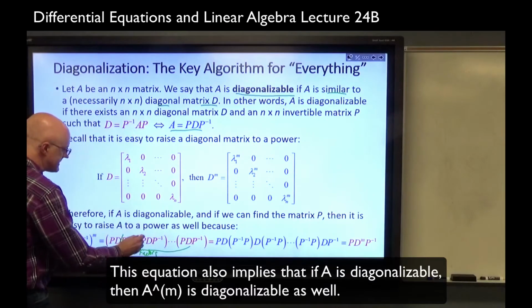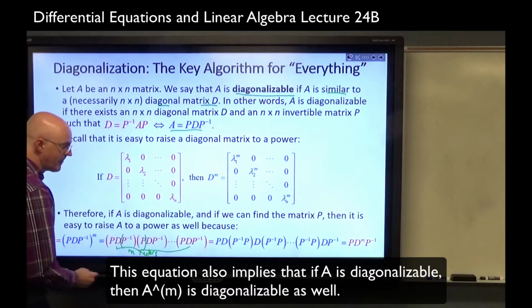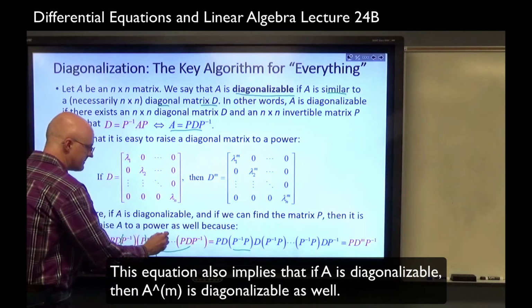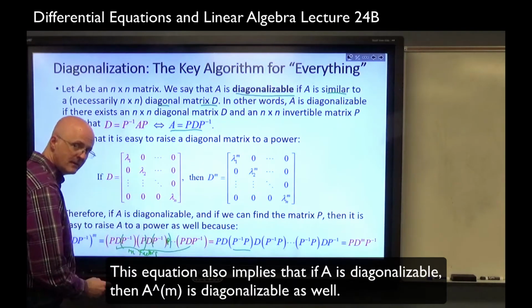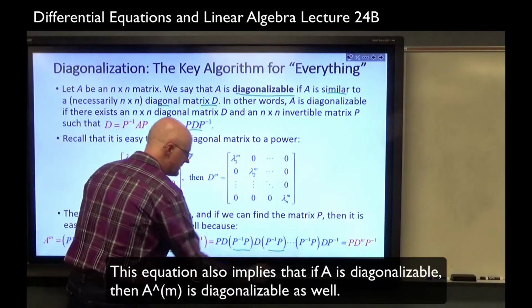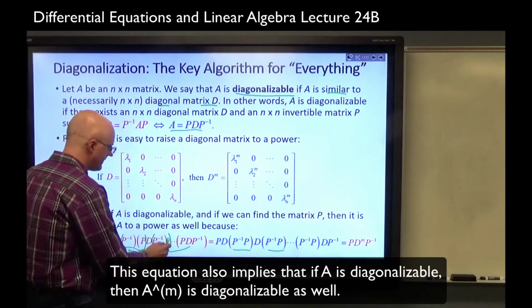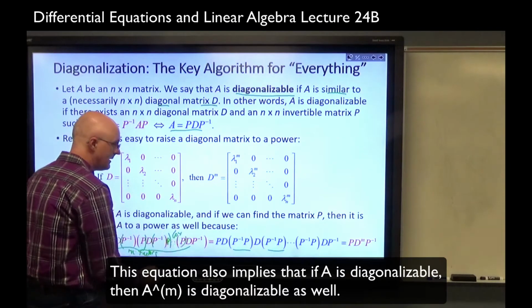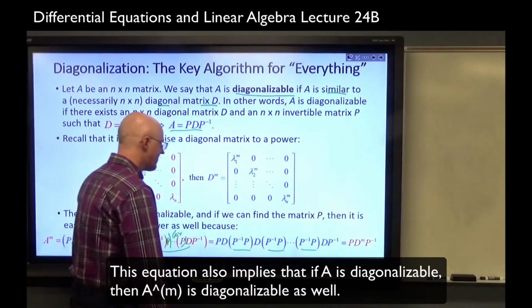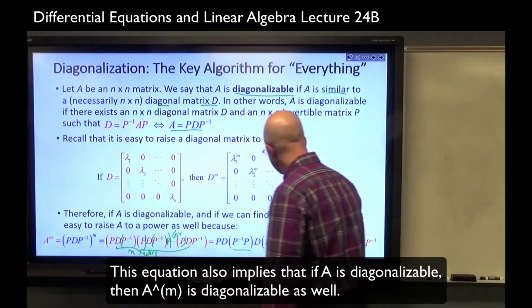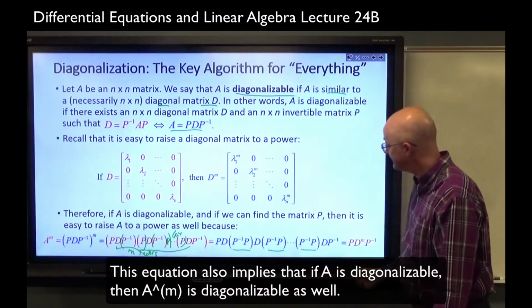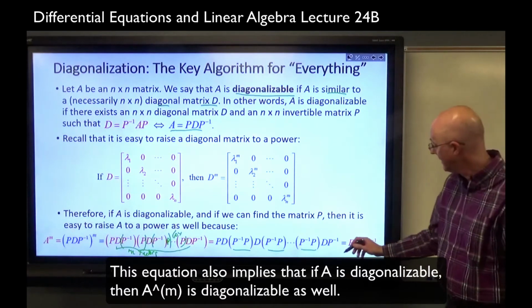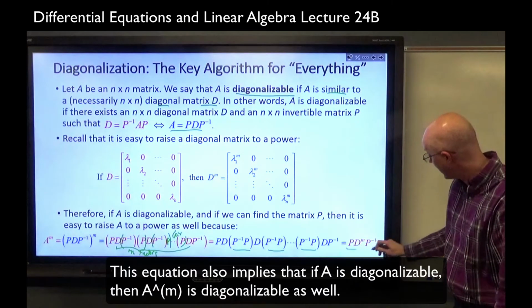You can put parentheses around the P inverse times P. That's what I got there. And the next P inverse times P, you don't see another P, but there is one. That becomes this one, etc. There will be a P inverse times P in here as well. That becomes this one. And all those P inverse times P's are identity matrices. And as identity matrices, we can get rid of them with respect to multiplication and just write this.